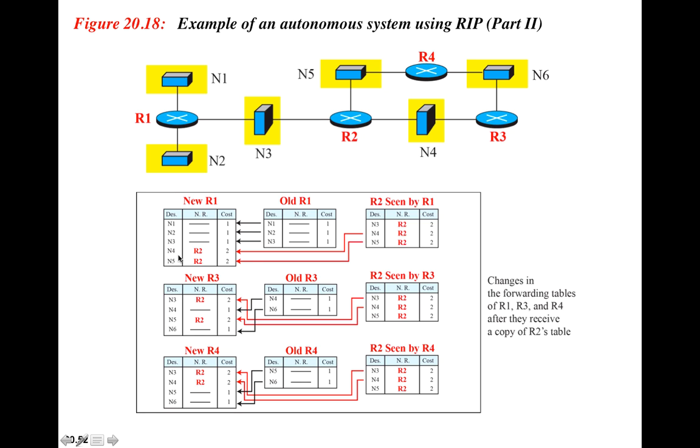So it'll say N4, R2, and the number of hops, okay? And similarly, it'll take N5 and it will enter the same details. So now it has information about N4 and N5 also, both through R2.